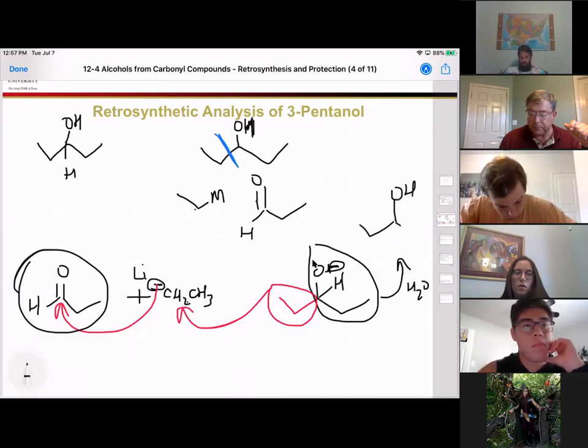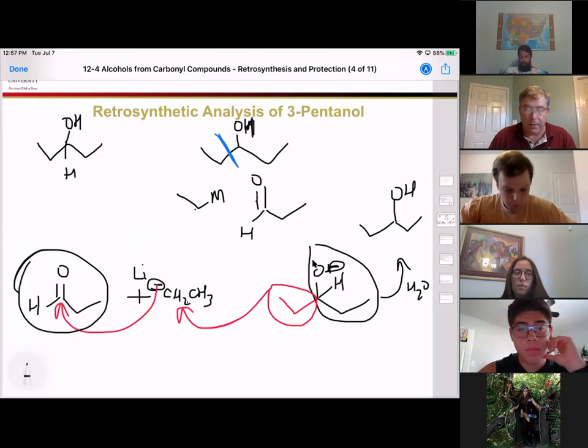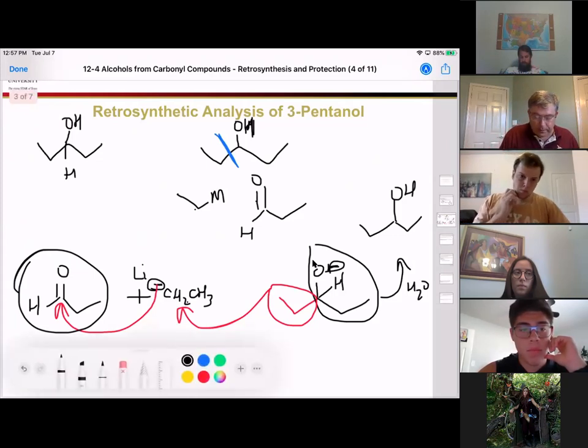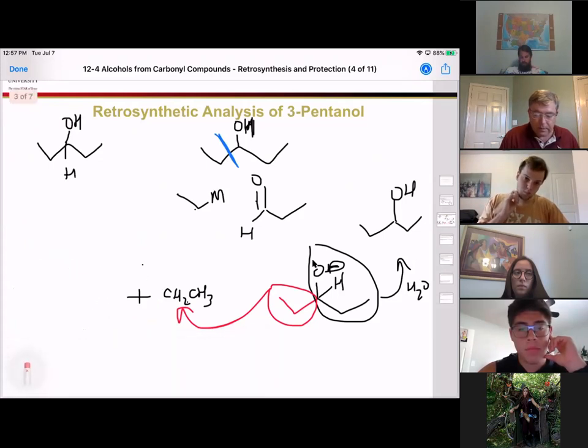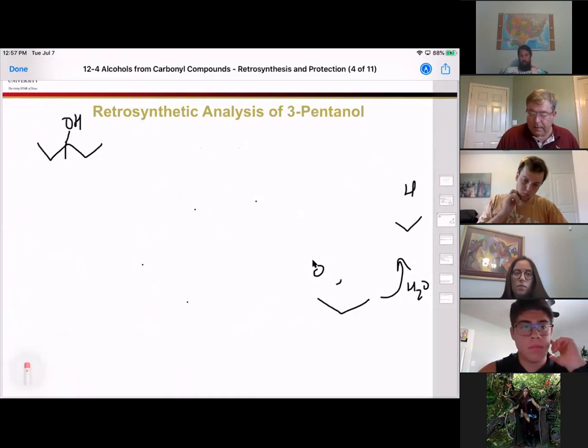Okay. So the concept here in the retrosynthesis is that we want to be able to break apart the compound knowing exactly where your carbonyl compound was. Okay. So let's try another one of those real quick, and to make it different, we're going to start with a different compound right here.